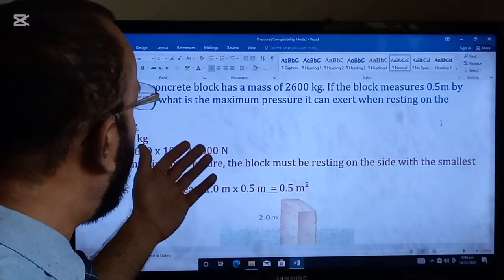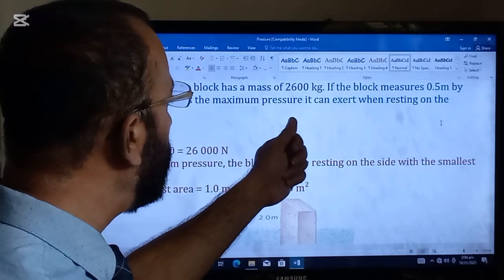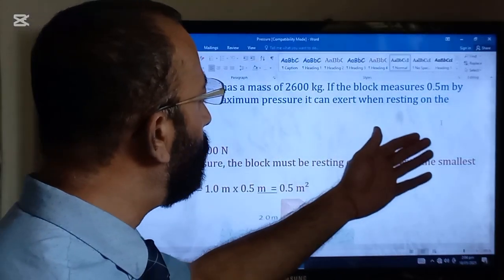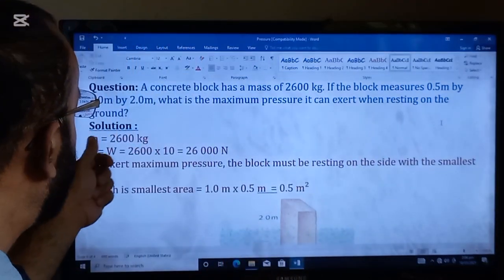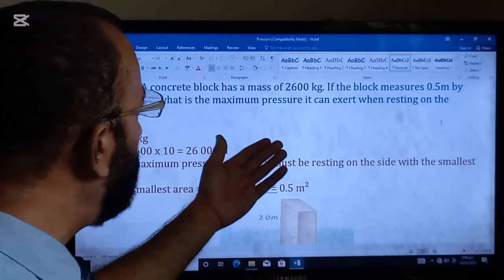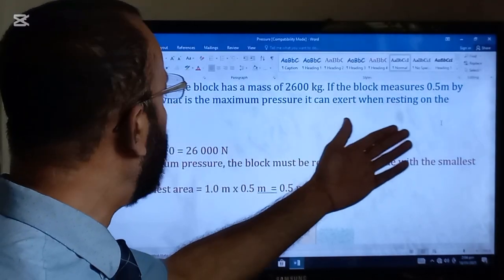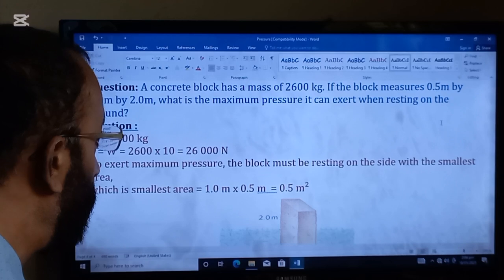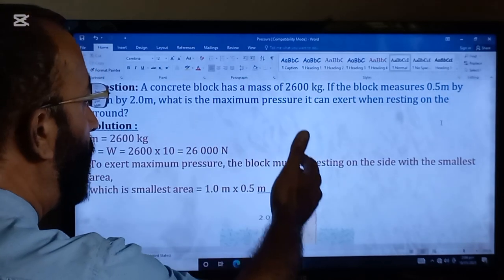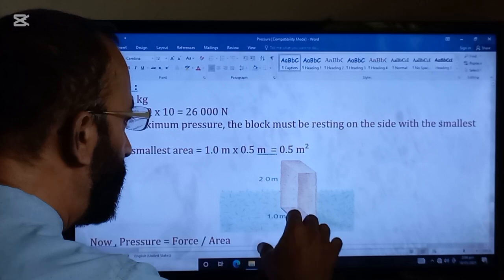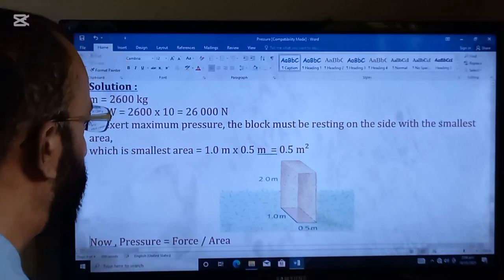A concrete block has a mass of 2600 kg. If the block measures 0.5 meters by 1 meter by 2 meters, what is the maximum pressure it can exert when resting on the ground? To find the maximum pressure, the block should be placed on the smallest surface.